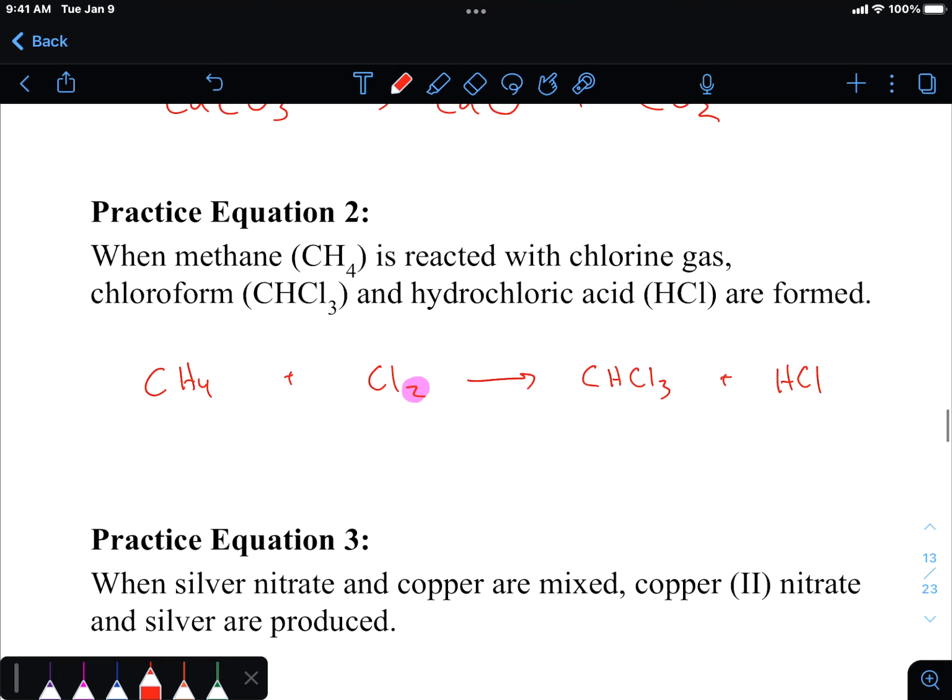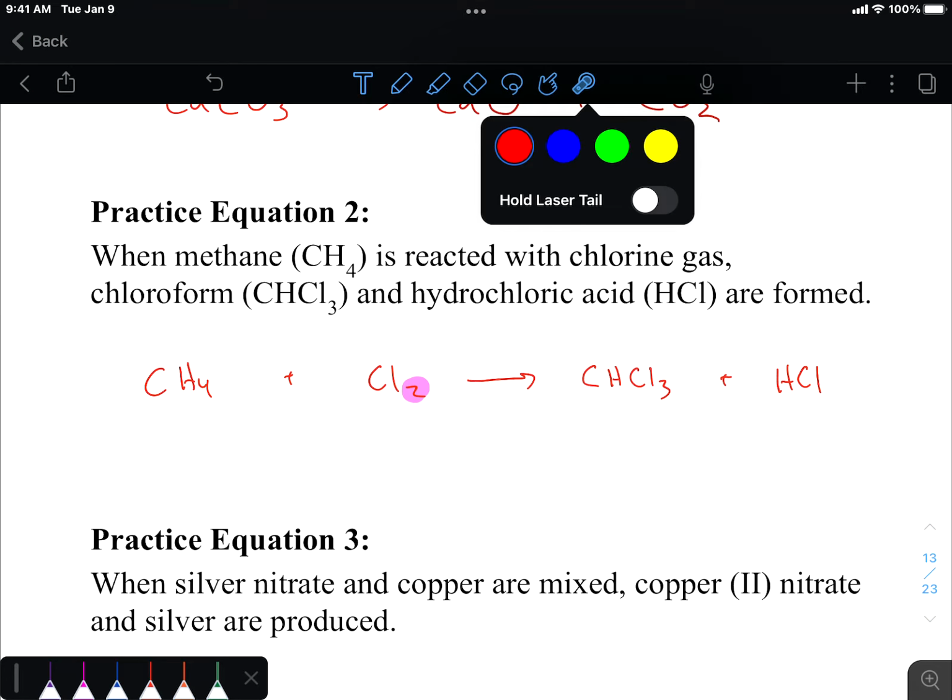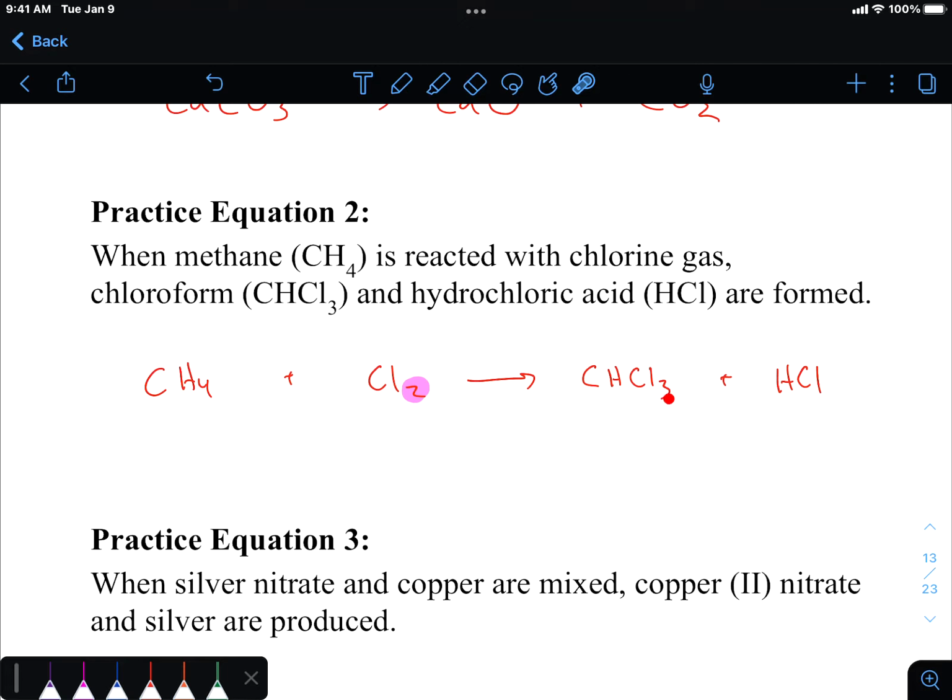Okay, let's balance this. So this looks the most complicated, right? Notice how I have chlorines in 3 places. Here, here, and here. So this one might be a little tricky. There's H's in 3 places, and there's only carbon in 2 places.